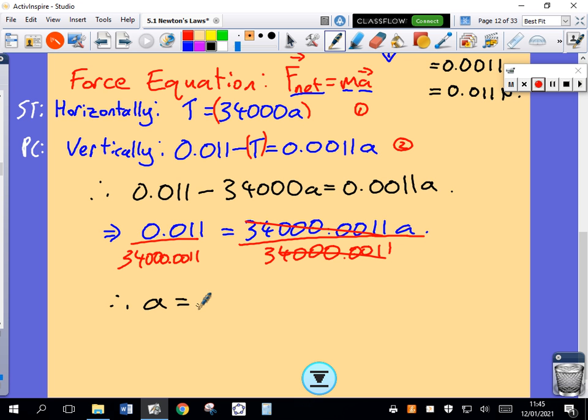That's approximately, let me change that to an approximately equal sign, 3.235 times 10 to the power of -7 meters per second squared.